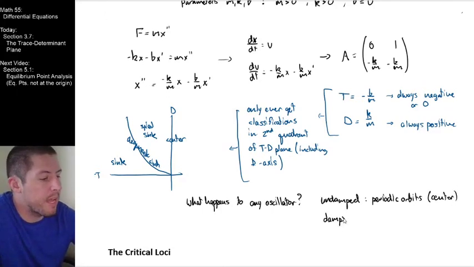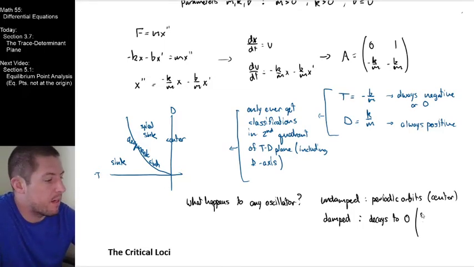Those are the two possible cases. Either it has damping or it doesn't. If it's damped, then that's where we get that it decays to zero, decays back to rest. And this is our sink, our spiral sink, and our degenerate sink.